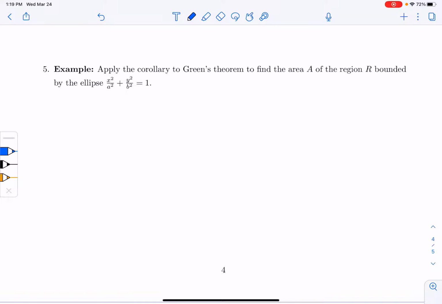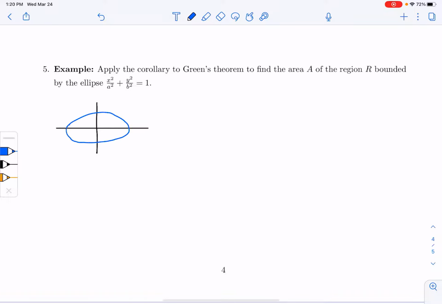You may know the area of a circle off the top of your head is pi r squared. But what is the area of an ellipse? Well, one way that we can find out the area of an ellipse is we can apply Green's theorem, where we think about the ellipse as being enclosed by some curve C. So here I'm going to draw my ellipse.